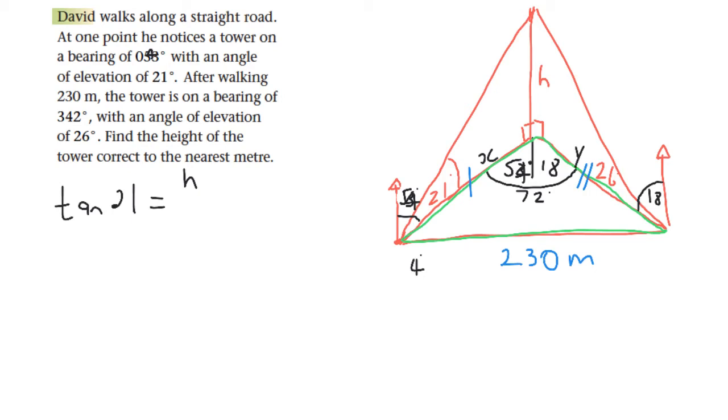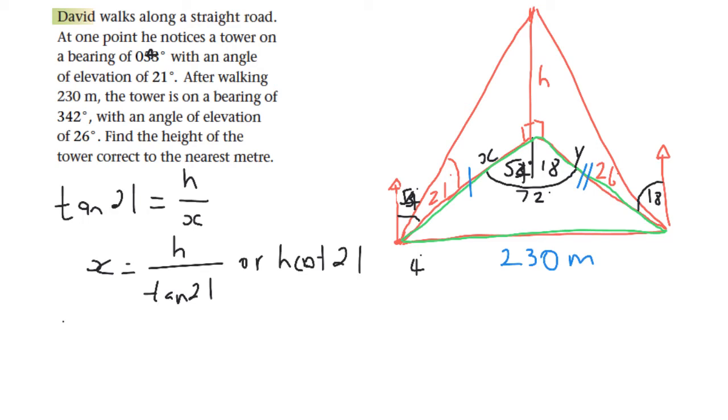In our next triangle, tan 26 equals h over y. I'm going to rearrange this so that I've got x as the subject: x equals h over tan 21. Another way we could write that, once we've looked at some trigonometric identities, is h cot 21, cot or cotangent being the reciprocal of tangent. It doesn't matter which way you write that, unless you're asked to write it one way. Here we're just asked to find the height.